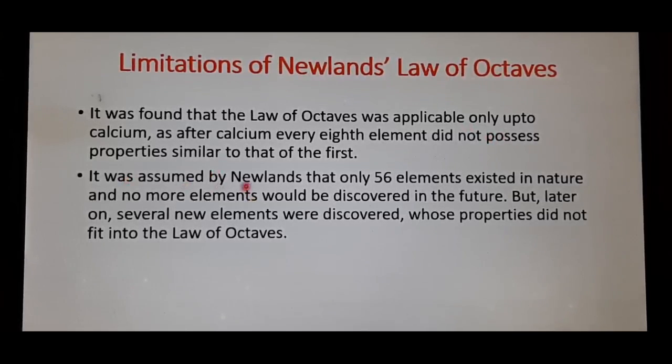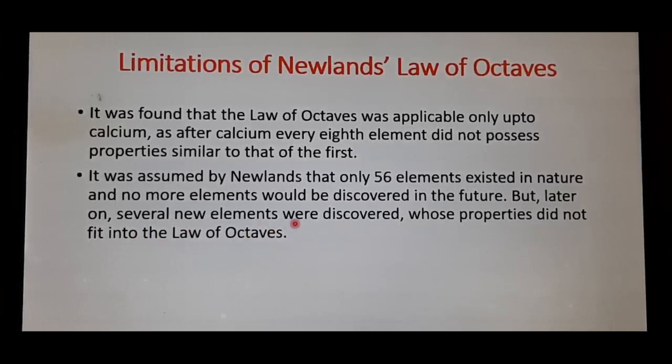It was assumed by Newlands that only 56 elements existed in nature and no more elements would be discovered in the future. But later on, several new elements were discovered whose properties did not fit into the law of octaves.